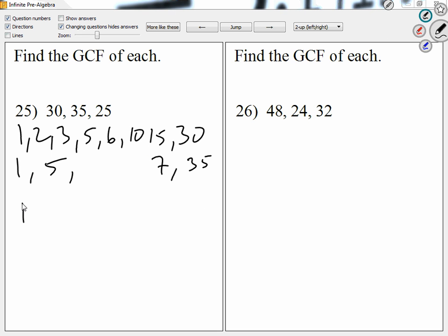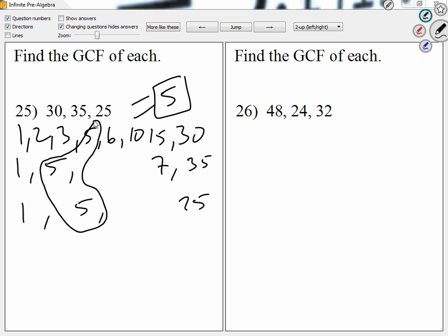Factors of 25 are 1 and 25, and then 5 times 5. So now, which one is the greatest common factor? 5. I'm looking at which number is the biggest that happens to be in all 3.